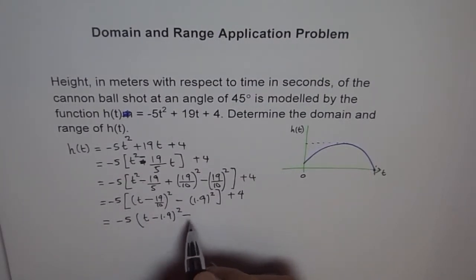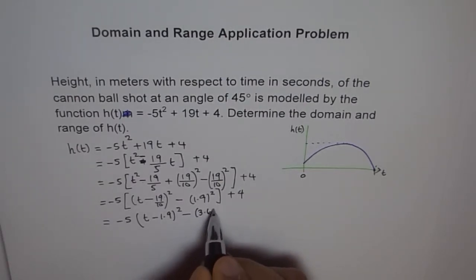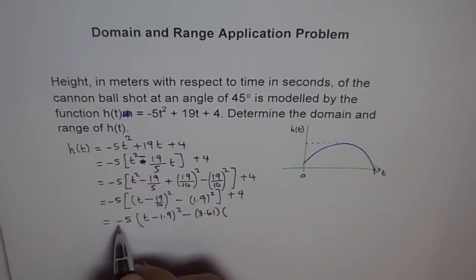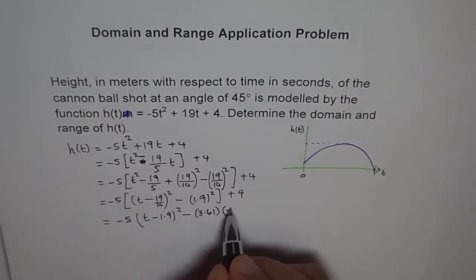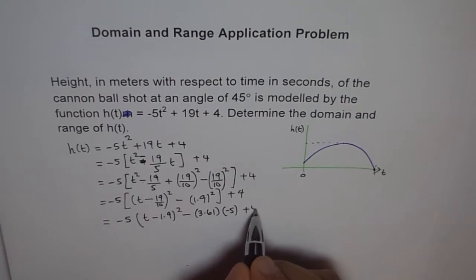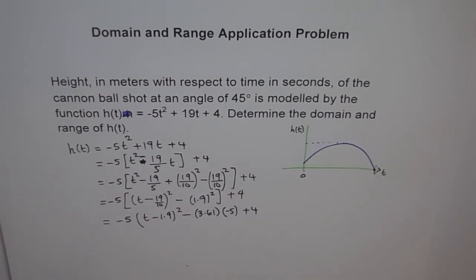Let me write it like this. We get 3.61 times minus 5, because when you open the bracket, you have to multiply minus 5 with both terms, right? Plus 4, correct? So let's multiply 3.61 times 5, and we get 18.05 in decimals.